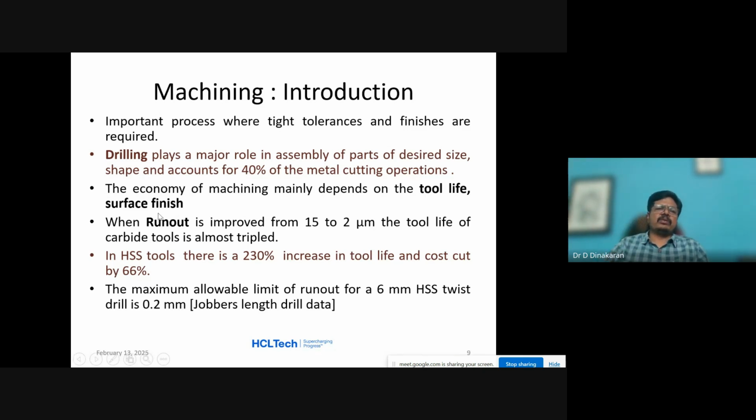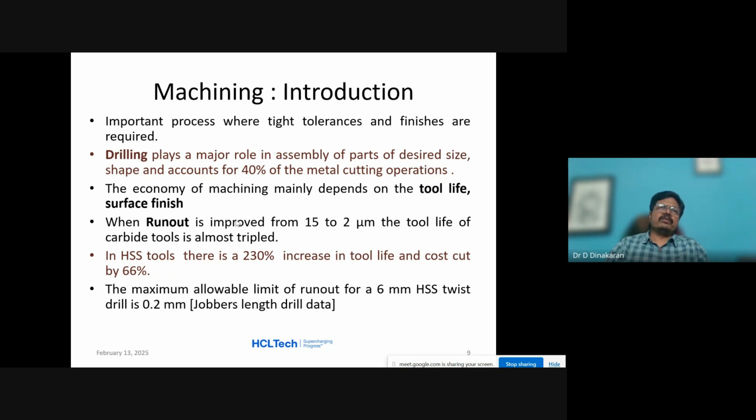First is the run out; how do we sort it out? When I'm mounting the drill bit, or the tool is picked from the automatic tool changer by the CNC machine, if there is a small picking or insertion error leading to 0.2 or 0.3 mm run out, it will create problems and a lot of vibrations.